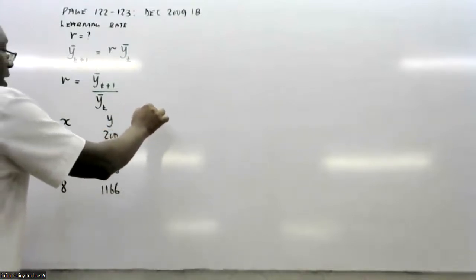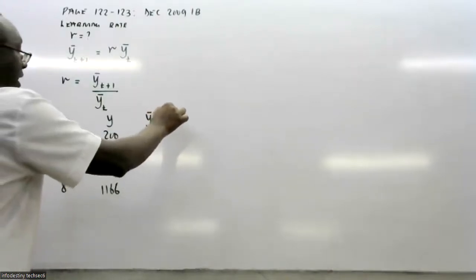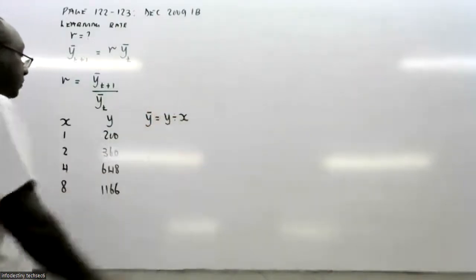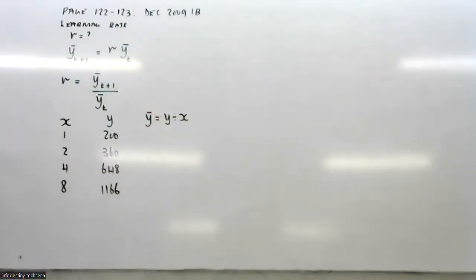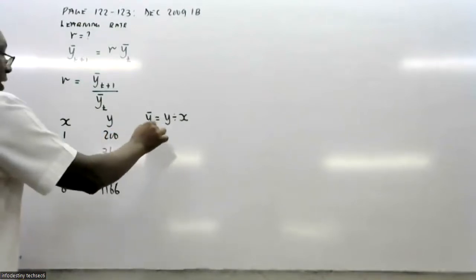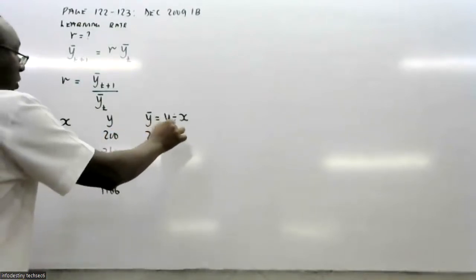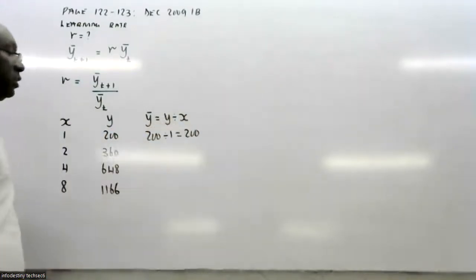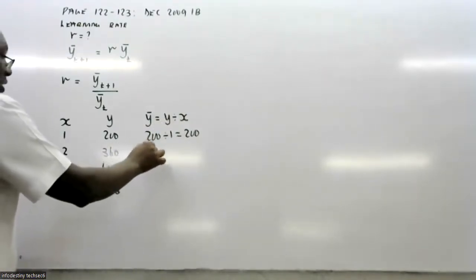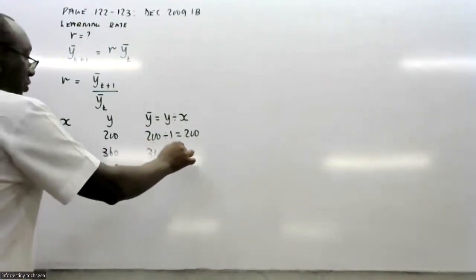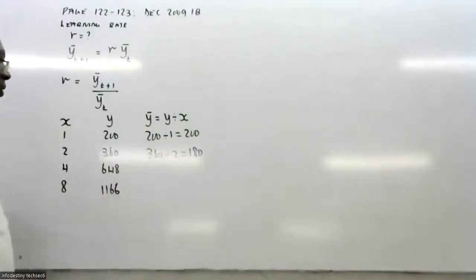Like now here, it will be 200 divided by 1, that gives us 200. That will be our y bar. Then 360, you divide by 2. That gives us 180.